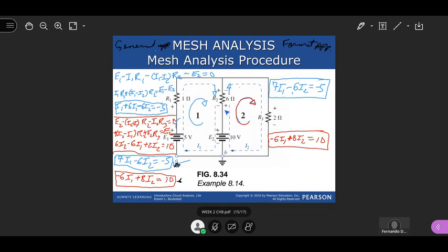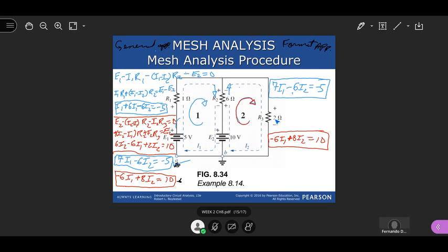In this case will be R2, and that will be R3, right? So R2 plus R3 is equal to 6 plus 2, which is 8. And we have that, right?